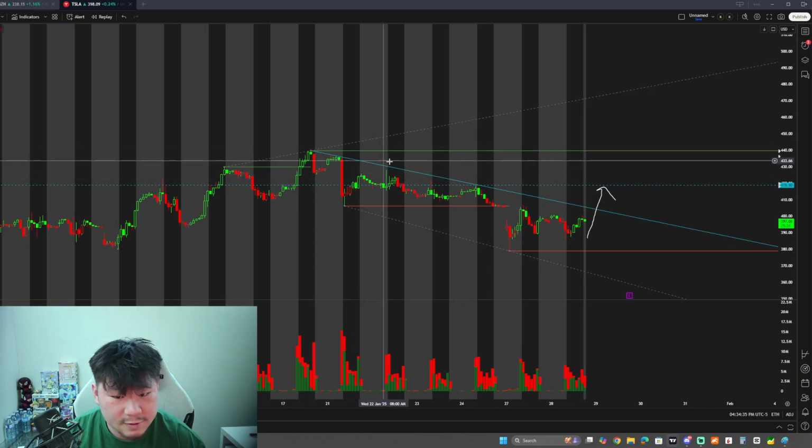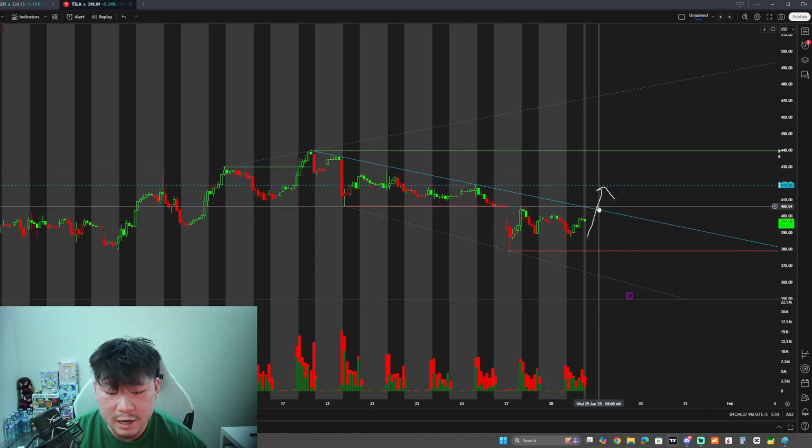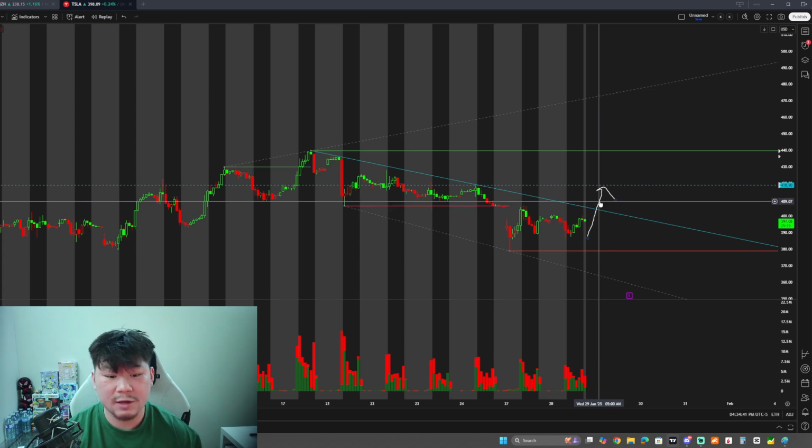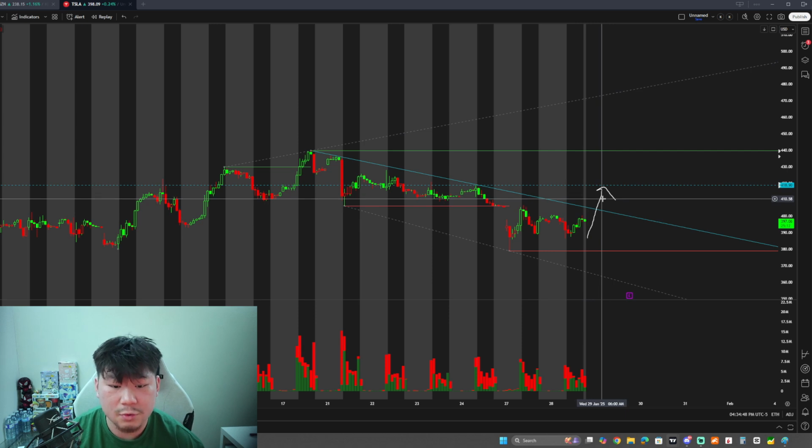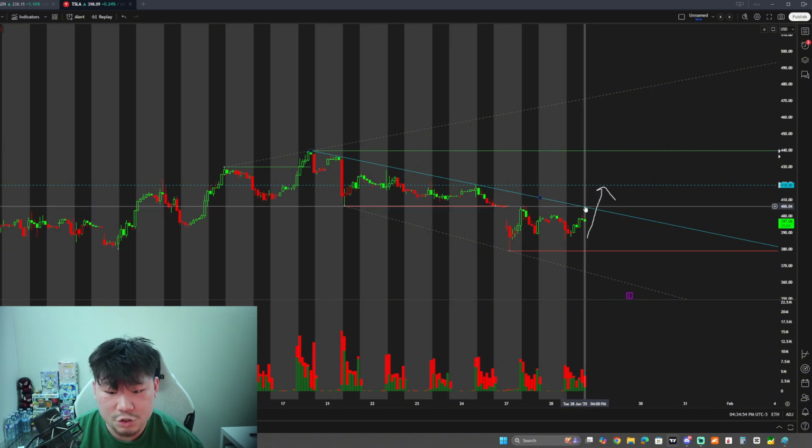And then we also have this downtrend. If we were to break through this downtrend, remember what I said earlier: if we break downtrends or uptrends, the market sentiment is flipped. So after this downtrend breaks, we can only assume we can expect more bullish upside. Now, would I trade this trend line?